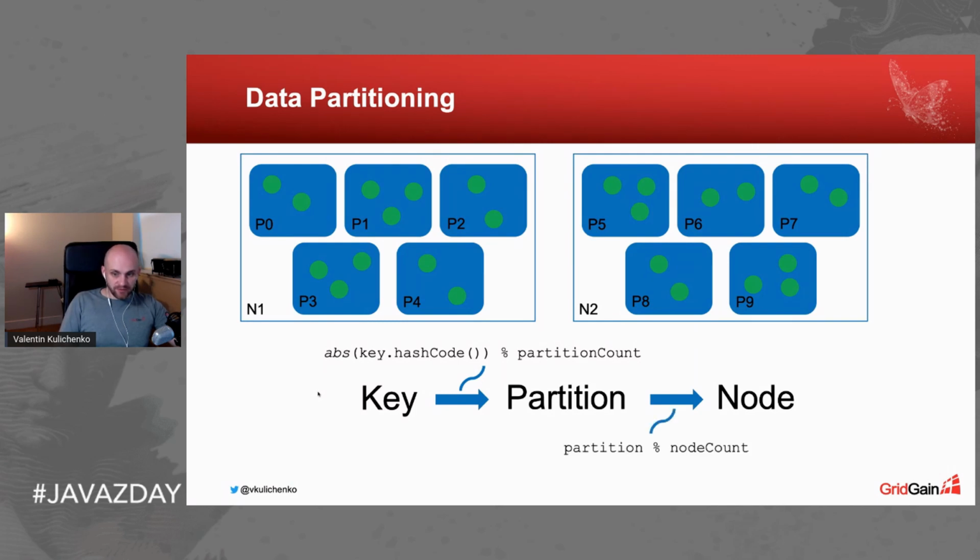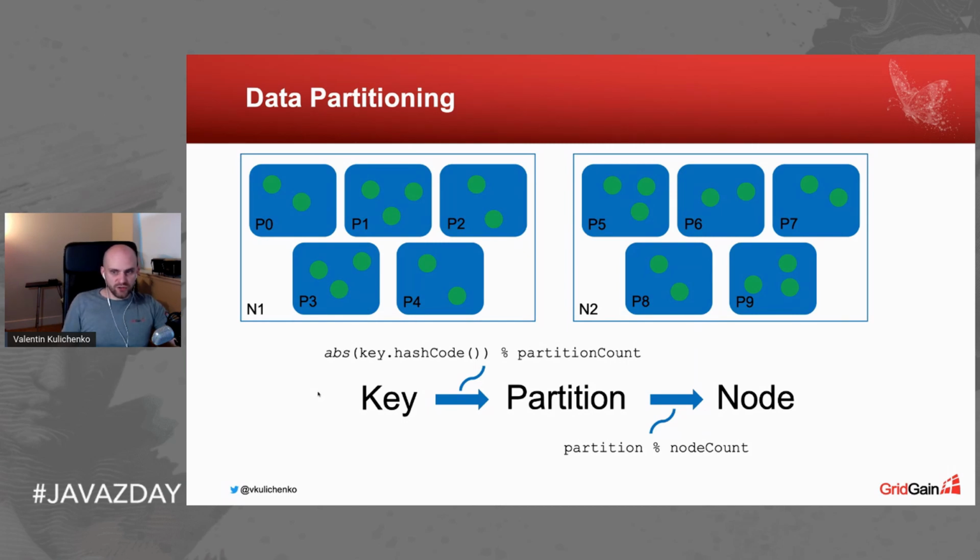The second step still uses the same mechanism, but this step is dynamic, right? It depends on the number of nodes, and a partition can be mapped to a different node depending on the size of topology that we have. And therefore, when we add something, the partition will be moved to the node. But what's important here is that we now work with partitions rather than individual keys, which means that when storage gets a notification, it doesn't have to check every single key.